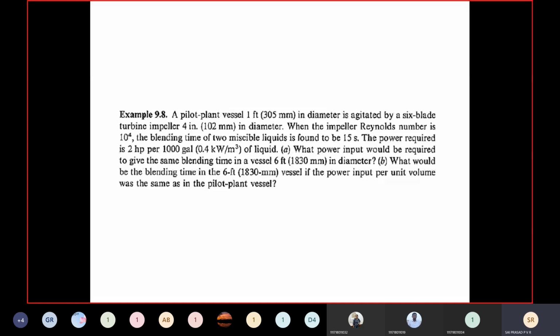As I said in the previous class, if in the laboratory you are using a small process vessel with a 4-bladed turbine, the same thing must be used in the final vessel also, although the sizes will change. But we are supposed to maintain the same ratios, like dA by dT, dT by H, etc. Only the size matters.